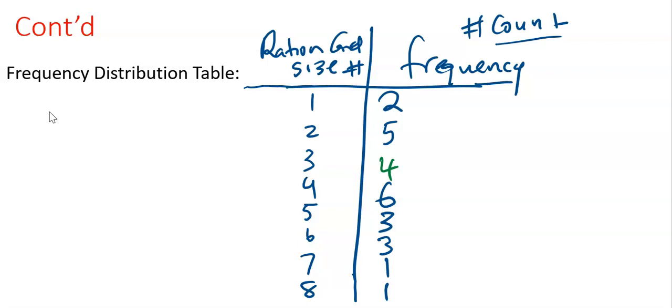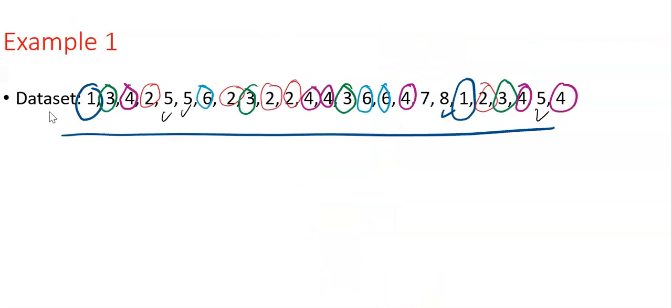But one thing that is very important is that after you do this, you always have to sum up the frequency column, because the sum of this should be equal to how many data points you have here. We have here 25 data points. I've already counted 1, 2, 3, 4, 5, 6, 7, 8, 9, 10, 11, 12, 13, 14, 15, 16, 17, 18, 19, 20, 1, 2, 3, 4, 5.